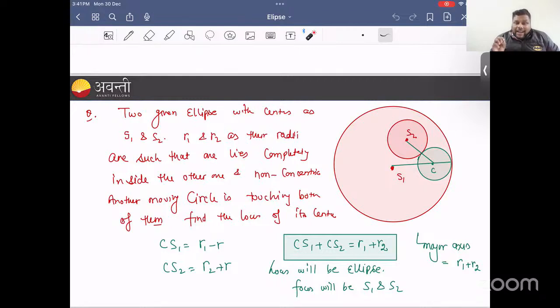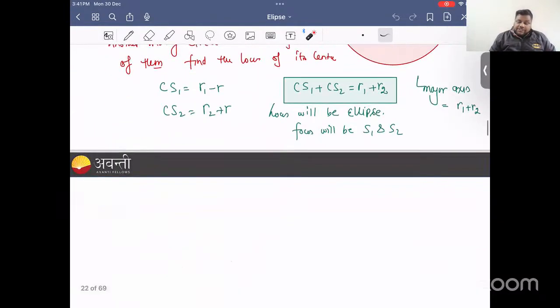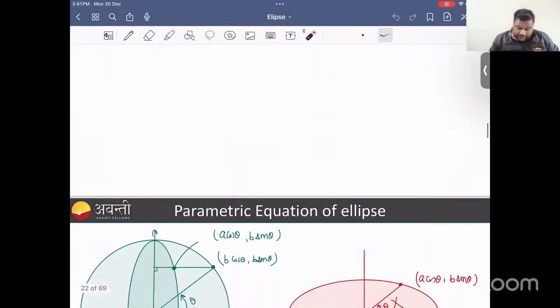That will be an ellipse, because this point C is moving in such a way that the sum of its distances from two fixed points S1 and S2 is always constant, R1 plus R2, and this is more than the distance between S1 and S2, which is less than even R1 minus R2. Am I clear? So the locus of this point C will be an ellipse.